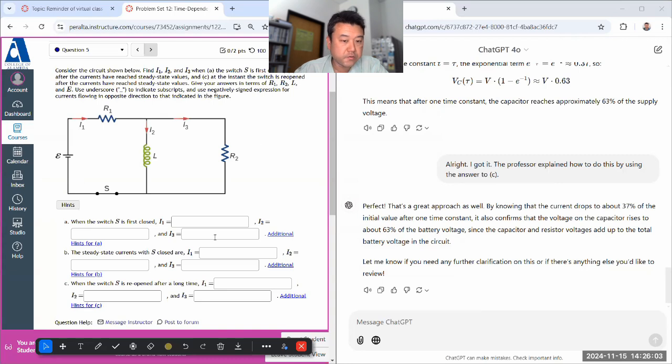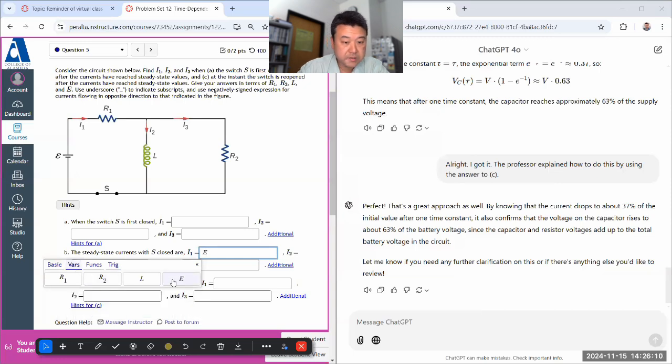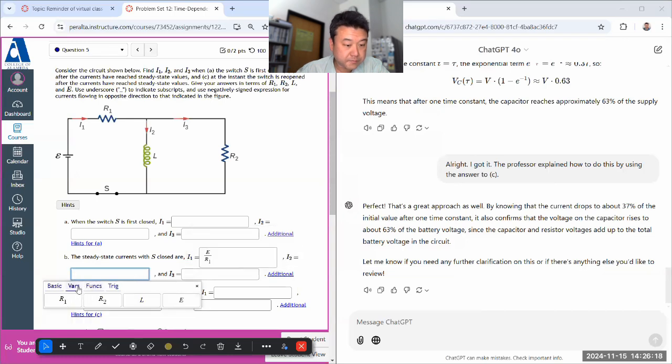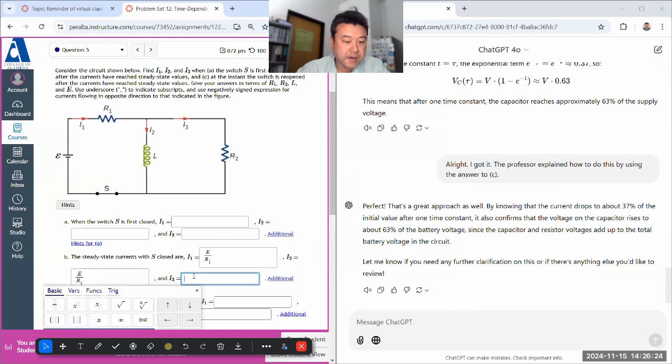No current flows through R2. So I1 will be the voltage divided by R1. I2 will be the same as I1, so voltage divided by R1. And I3 is 0.